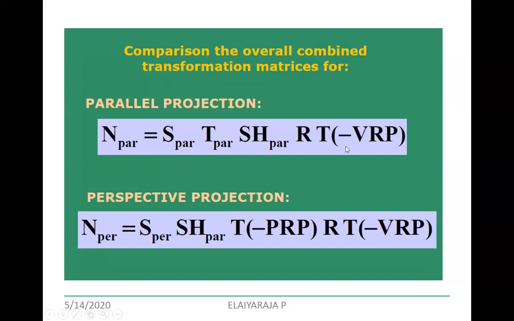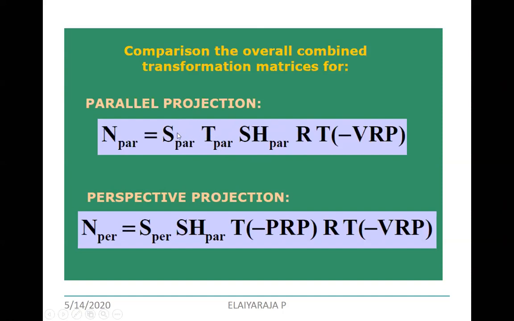First, in parallel projection, you take the viewing volume reference point to the origin. For that, you perform rotation and translation to the given origin point. Then you perform the shear operation. If it is the z axis, you perform shear x as well as shear y. Then you perform the translation, which is normal with respect to parallel projection, and then the scaling, right?